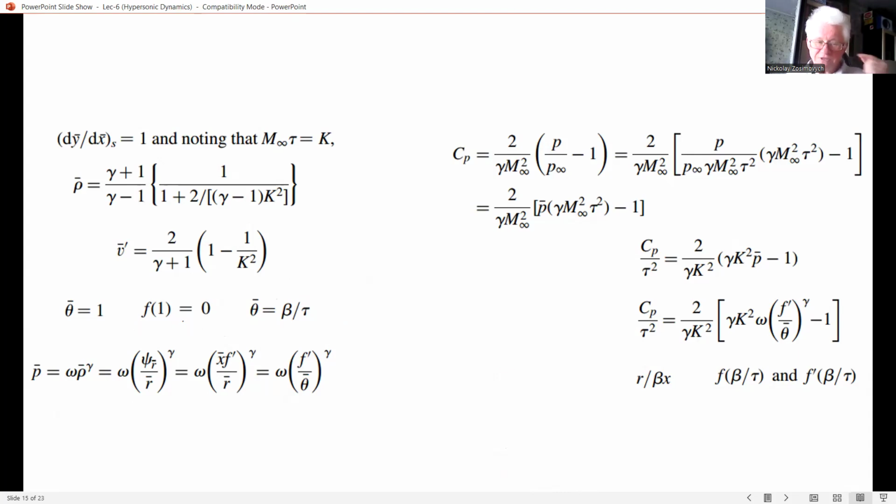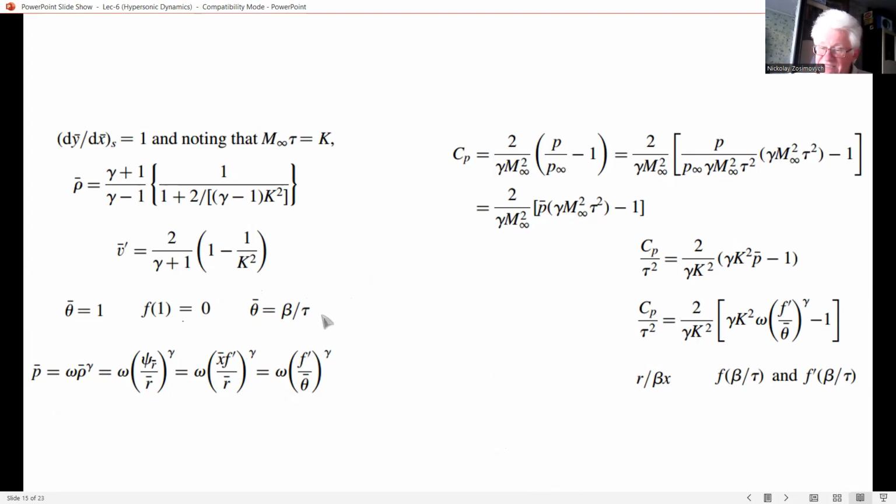And the final, fourth step, we have now arrived at the final result. For the specified value of k, we have found the ratio of wave angle to cone angle, or beta over tau, and we have obtained numerical values of f and f stretch between the shock wave and the body.